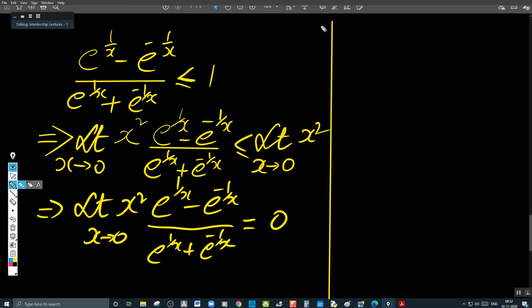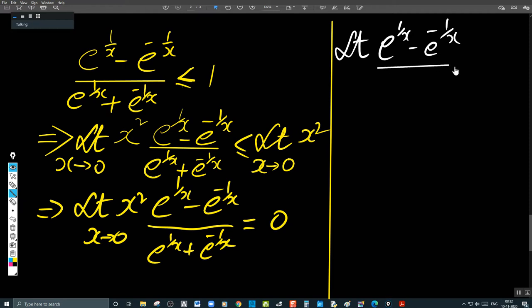So, if you write limit of e power 1 by x minus e power minus 1 by x, whole divided by e power 1 by x plus e power minus 1 by x, as x tends to 0.